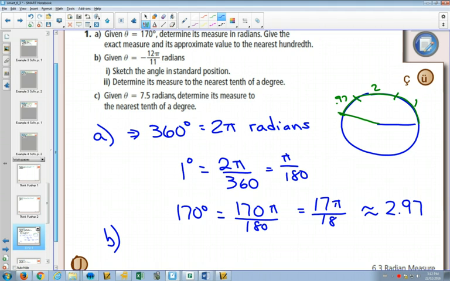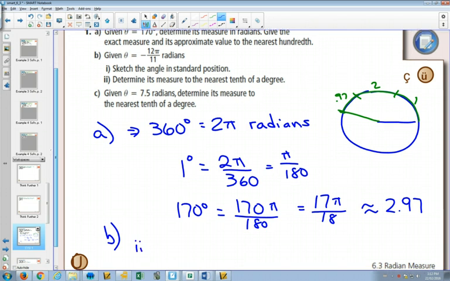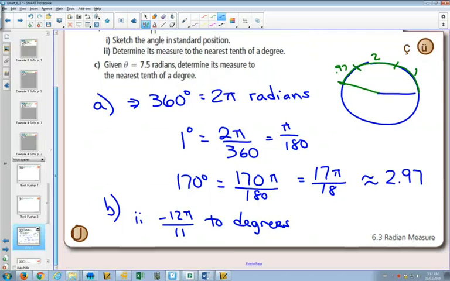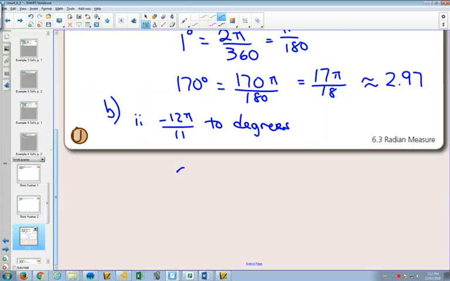So we're going to start by doing part 2. We're going to change negative 12 pi over 11 to degrees. Now, first of all, we know that 2 pi radians is 360 degrees. So if we wanted to find out what 1 radian is, you'd have to divide both sides by 2 pi.